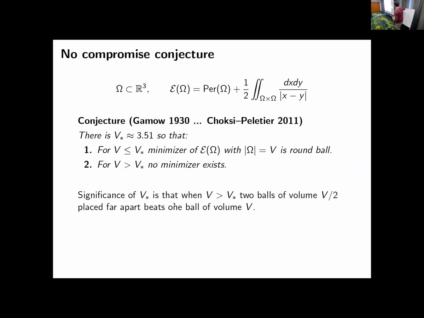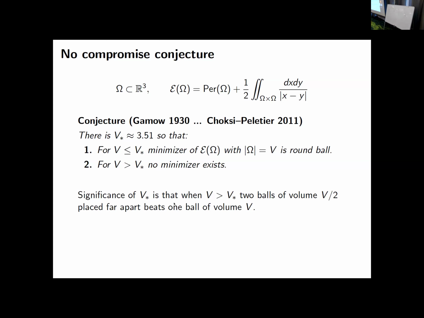The interaction between points here and points there doesn't contribute. This is a simple exercise: you have to compute the Coulomb energy of a ball, which is not very hard. And so you see that for precisely this volume, two balls beat one ball. Okay.